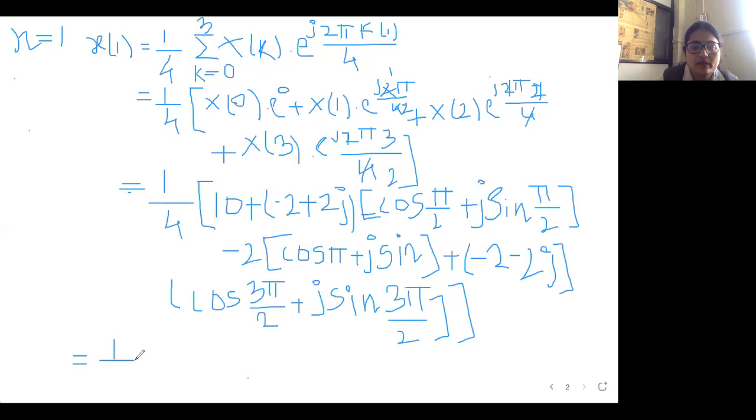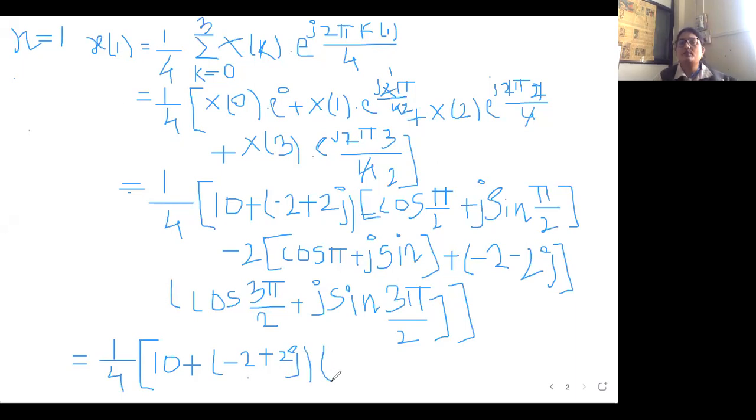So here we'll write the first term as 1 by 4 into the bracket. The first value is 10, plus minus 2 plus 2j, multiplied by cos pi by 2.